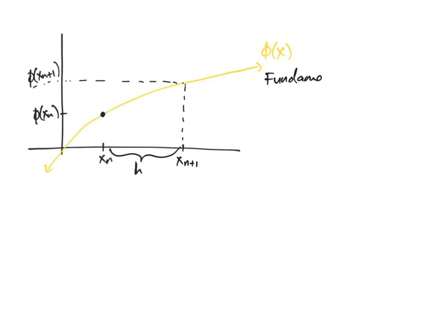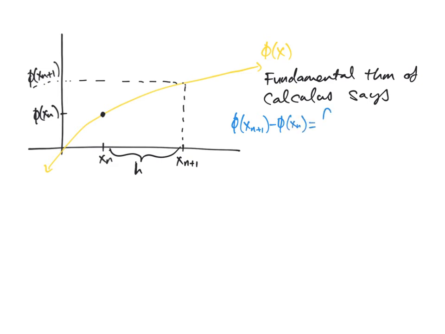Fundamental theorem of calculus says that the difference between those two phi values, phi of xn plus 1 minus phi of xn, is equal to the integral from the x values, xn to xn plus 1, of the derivative, phi prime of t dt, right?